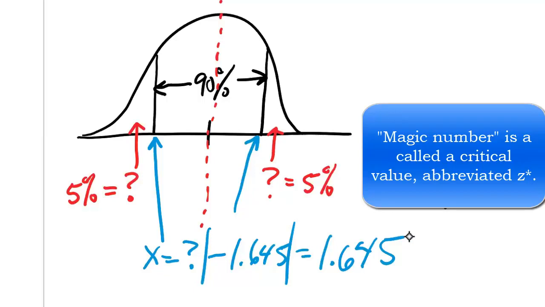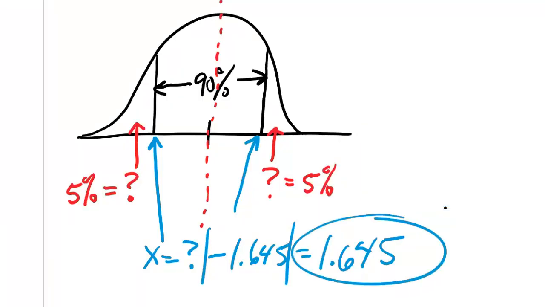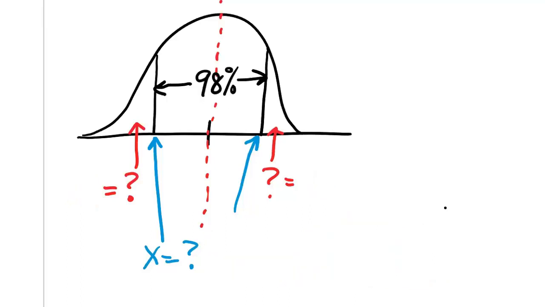or 90% confidence. Now, what if I wanted to be even more confident? Let's do the number that is for the homework or for the assignment. For the assignment, you're going to need 98%. So I'm going to go through and erase some of these. It would be 1%, right?